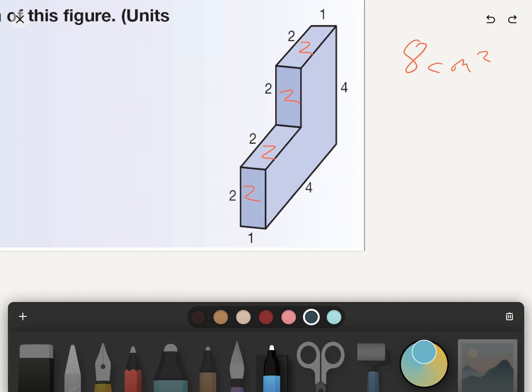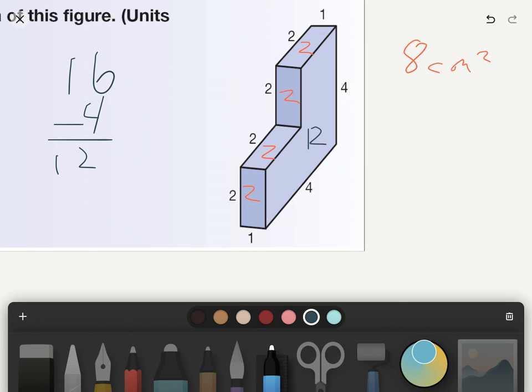So 4 times 4, 16. And then this is 2 by 2, so that's basically 16 minus 4. It gets you to 12 for this. However, there's another one on the other side, isn't there?